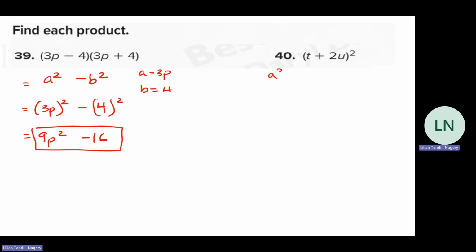This one, A squared plus 2ab plus b squared. A is t, B is 2u.